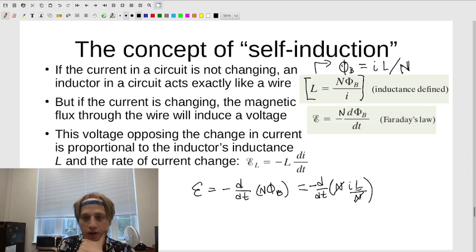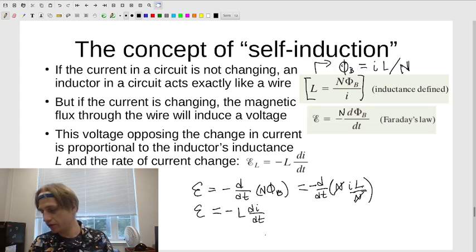L is just a quantity that's a quality of the object, so it shouldn't be changing in time. And so if I take the time derivative of this, I should get that the induced voltage is equal to minus L di dt.